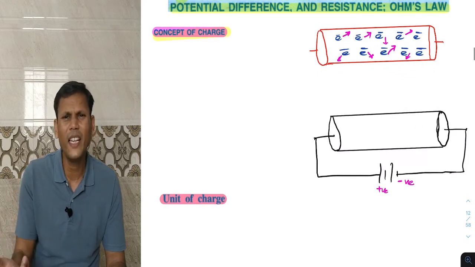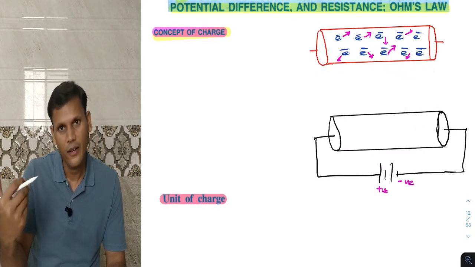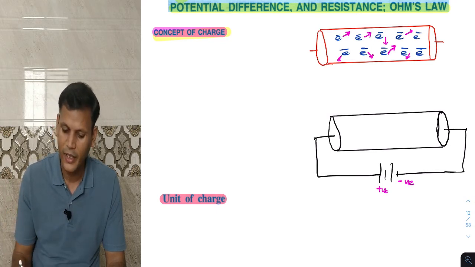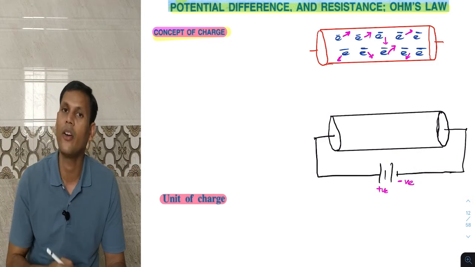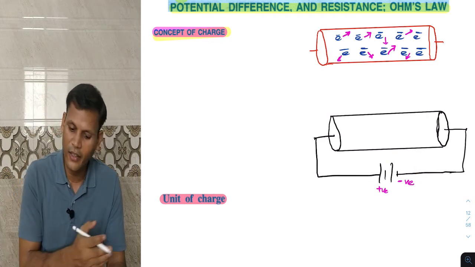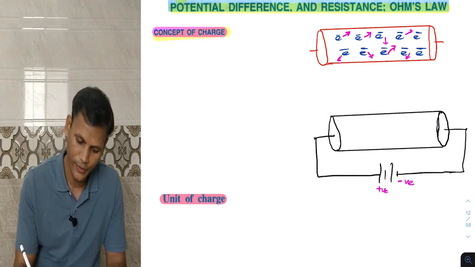Why that happens we will discuss later, but for now, when we apply voltage, these electrons start to move in a particular direction.